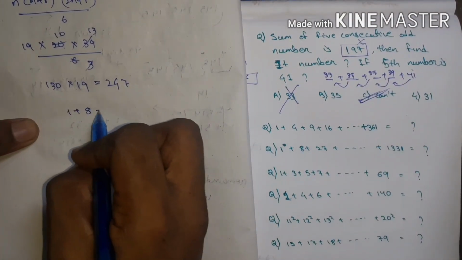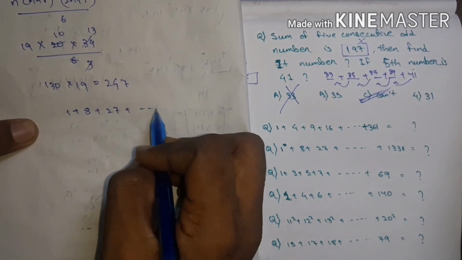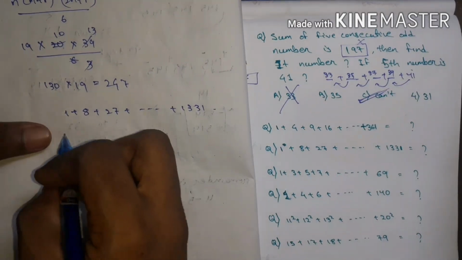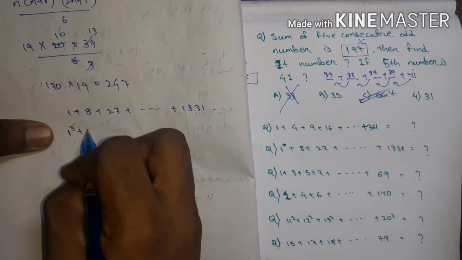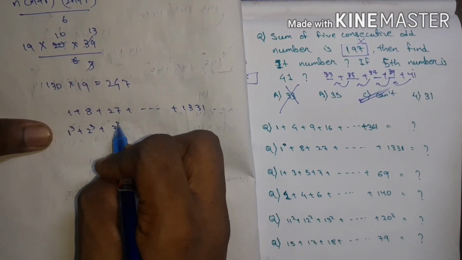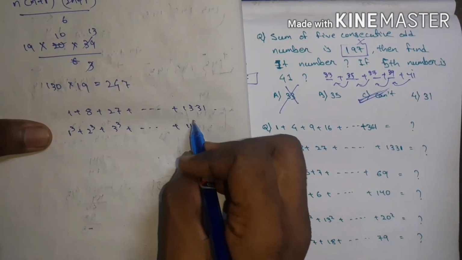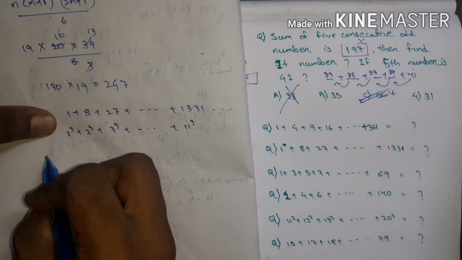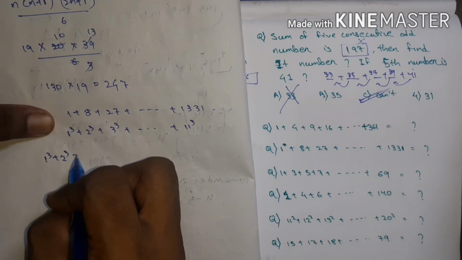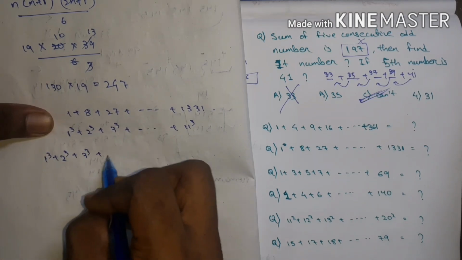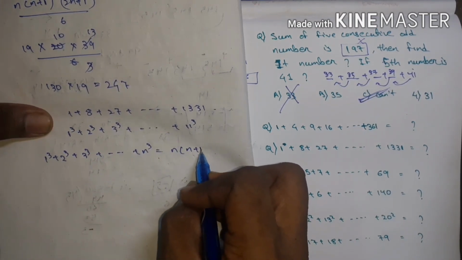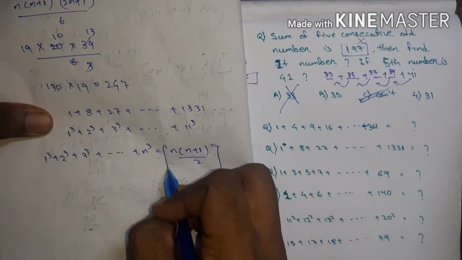1 plus 8 plus 27 dot dot dot 1331. Okay, it is of the form 1 cube plus 2 cube plus 3 cube dot dot dot plus 11 cube. Then what is the formula? 1 cube plus 2 cube plus 3 cube plus dot dot dot n cube is equal to n into n plus 1 by 2, whole square.